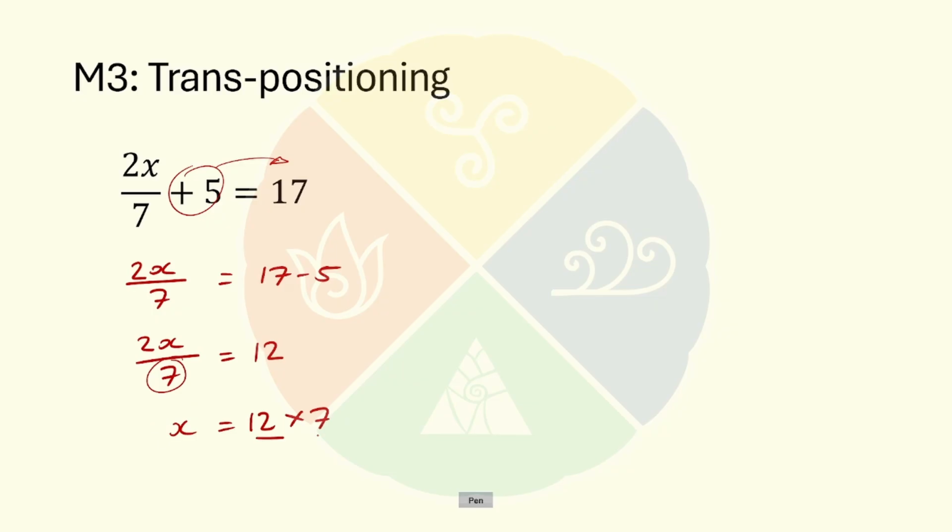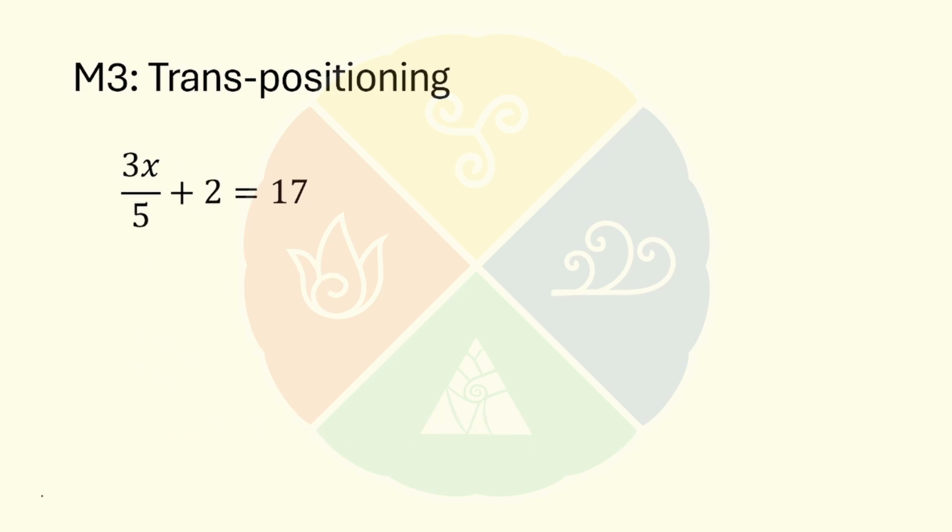Multiplying 2 will go to the other side and become dividing 2. Now, you can do this division first. 12 divided by 2 is 6 into 7. What is 6 into 7? I don't like this. 6 into 6 is 36. 42? Oh, that is 42. Yeah. Clear?